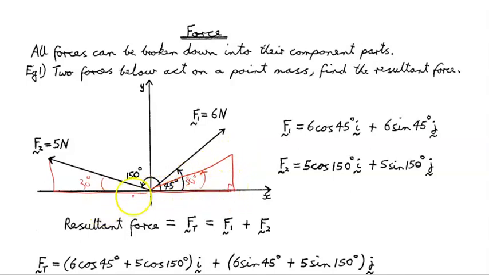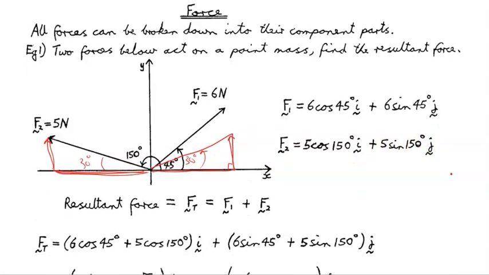So this is minus 5 cos of 30 degrees, because 5 cos of 30 degrees would be this here. Minus, because we're going in the negative x direction, so we simply put a minus in front of it. Similarly, this is in the positive y direction, just as this is, and so we could write 5 sine 30 degrees. So we can make use of those exact trigonometric ratios.